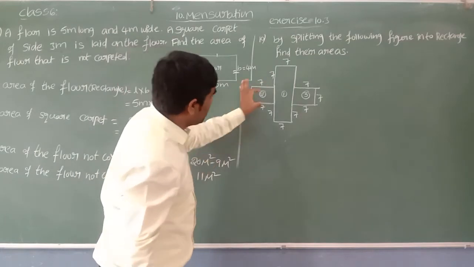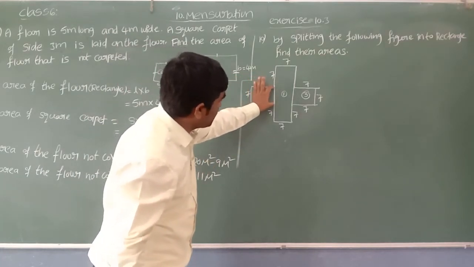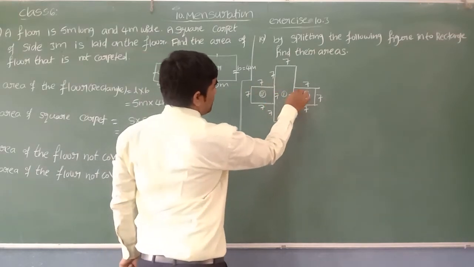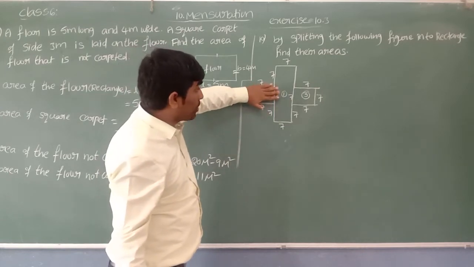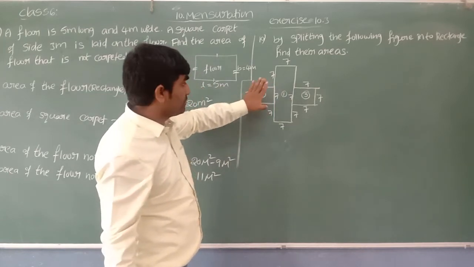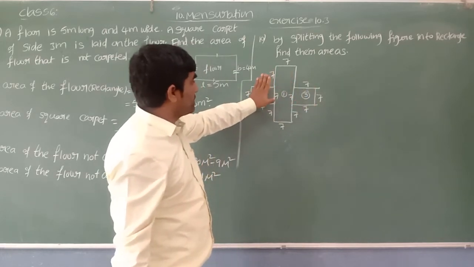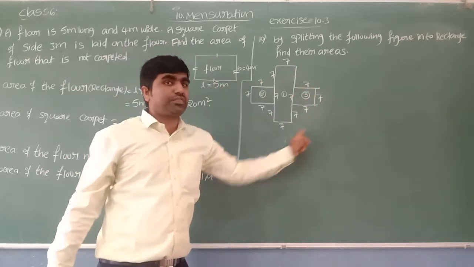Second part, can you tell me what is the length of this? If it is 7, its parallel opposite length is how much exactly? 7 only. Even this also 7. All four sides are equal, so square, square. So the area of rectangle plus area of square plus area of square gives us the area of the figure.